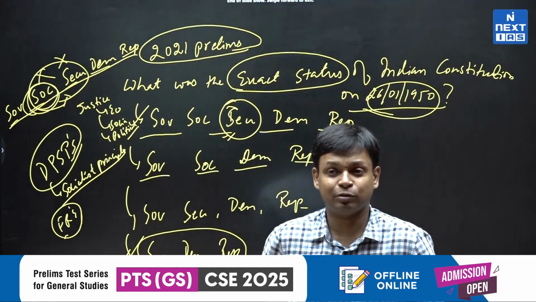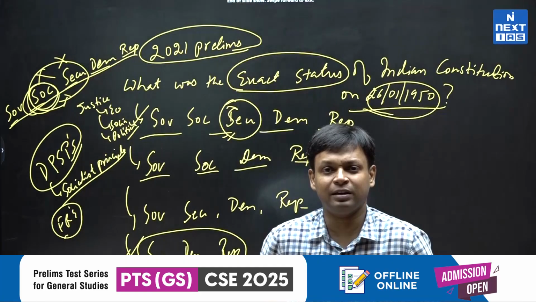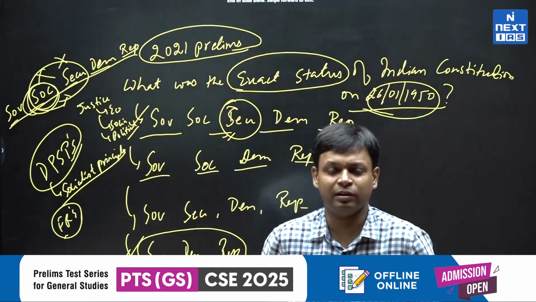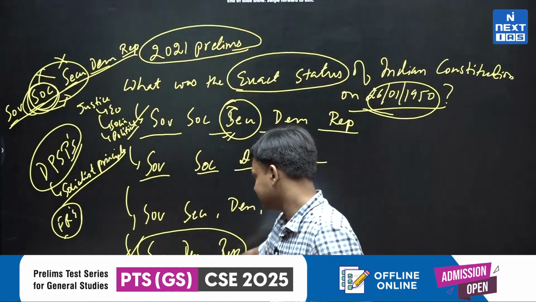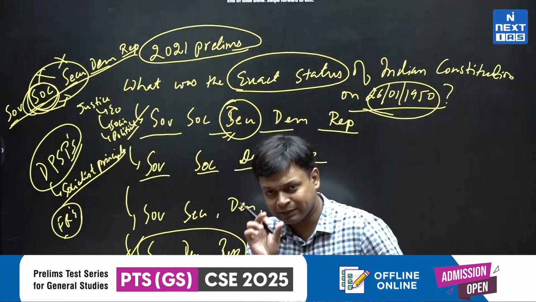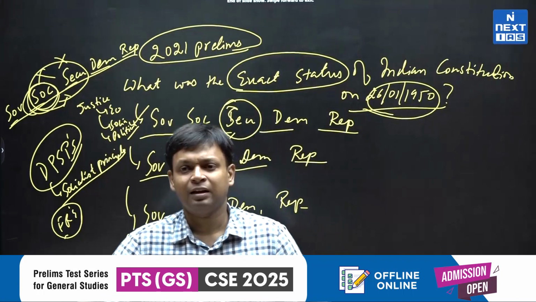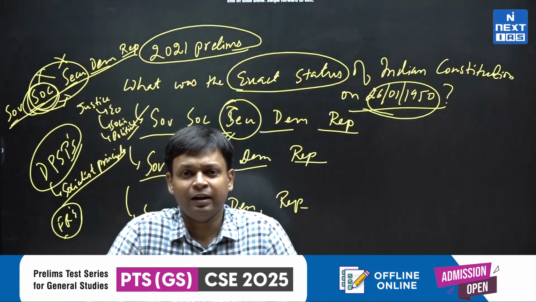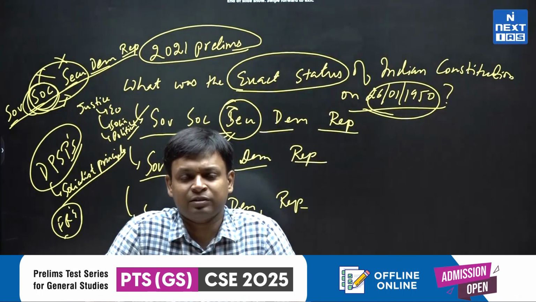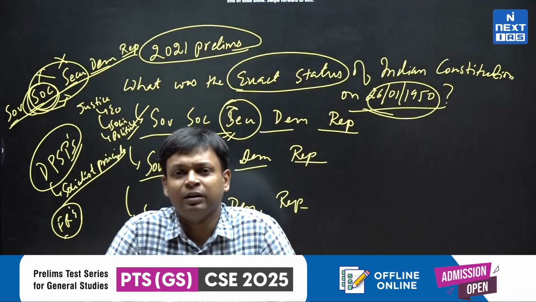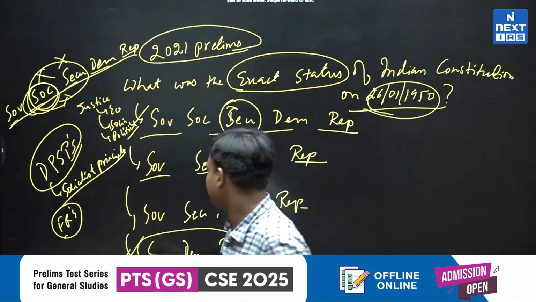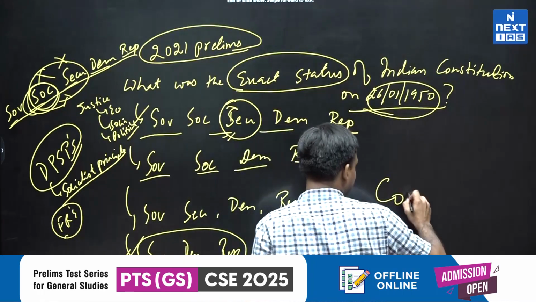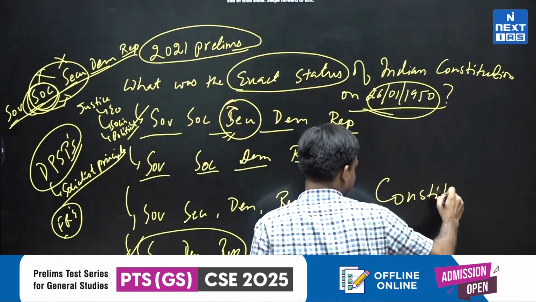But since the constitution itself did not describe itself as socialist and secular, UPSC went with this statement. So what I am trying to explain through this entire discussion is that normally, as a thumb rule, when a question of polity is asked in the prelims exam, UPSC will give the answer on the basis of a plain and simple reading of the constitution.